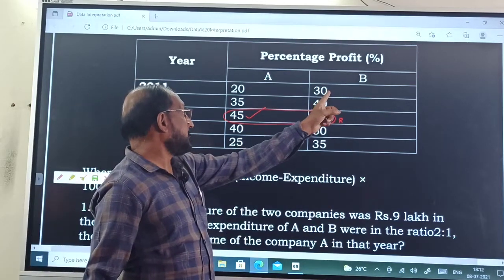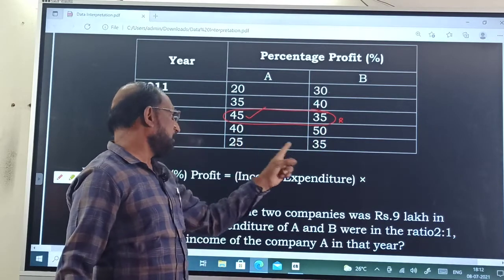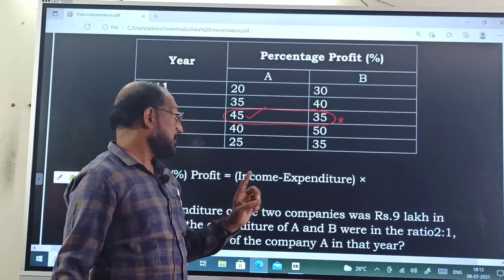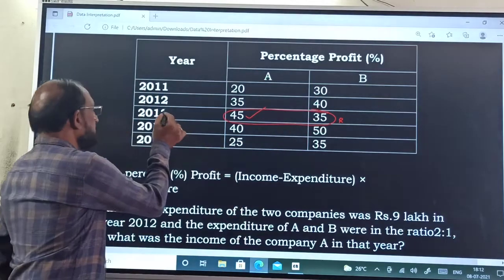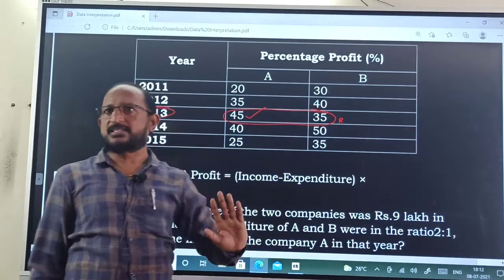In other years, B is more than A. So in the year 2013, the profit percent of B is less than that of A.